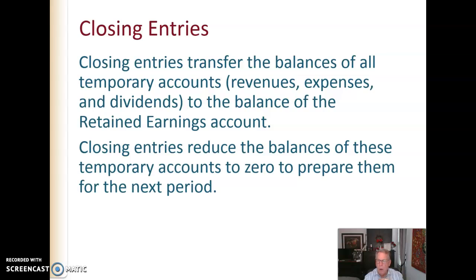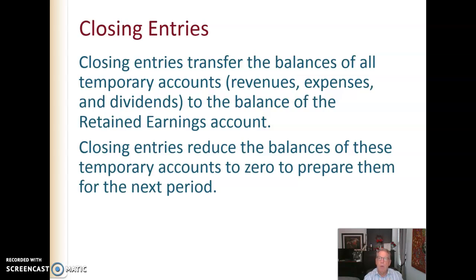We call those temporary accounts because we zero those out at the end of each period and roll those balances into the statement of retained earnings. And that prepares those temporary accounts for the next period. So we start with zero sales, zero expenses and zero net income, and during the period we'll populate them again, and then zero them out, etc., etc.